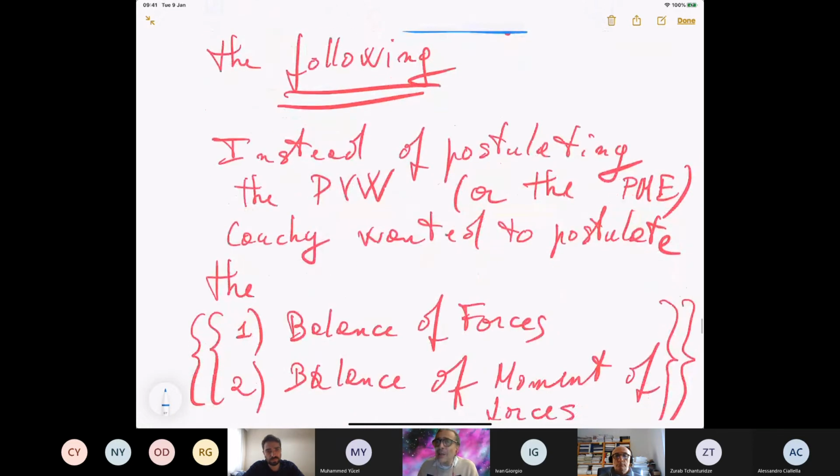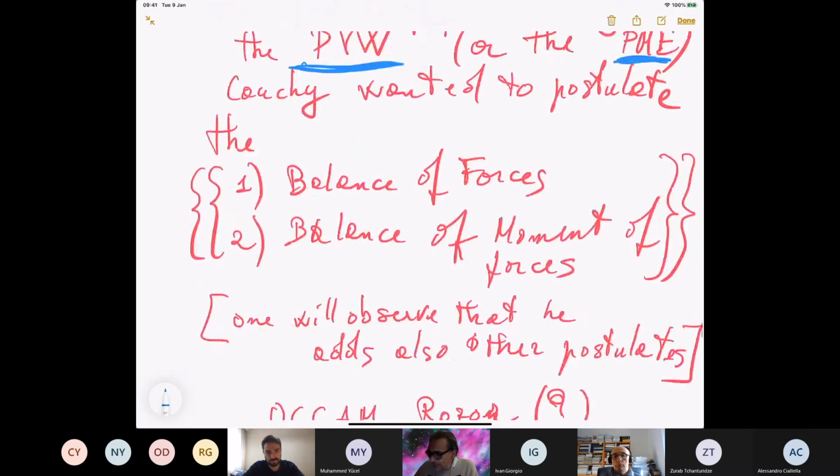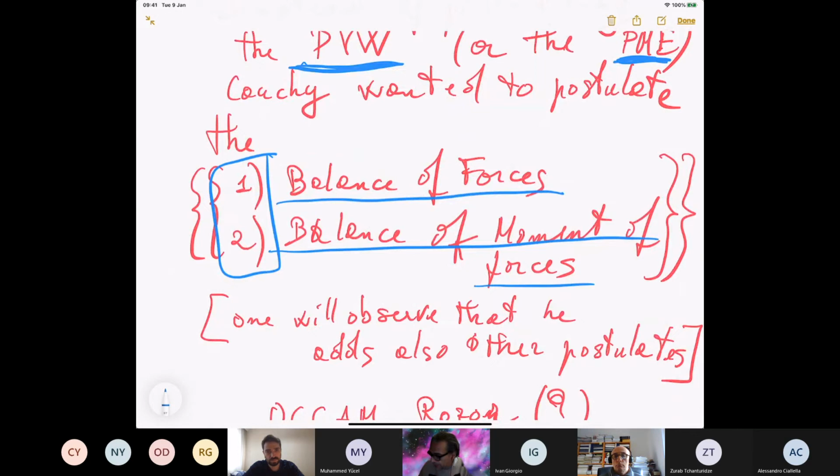Cauchy, instead of postulating the principle of virtual work or the principle of minimum of energy, wanted to postulate two things: balance of forces and balance of moment of forces.